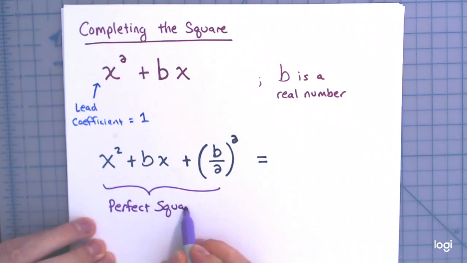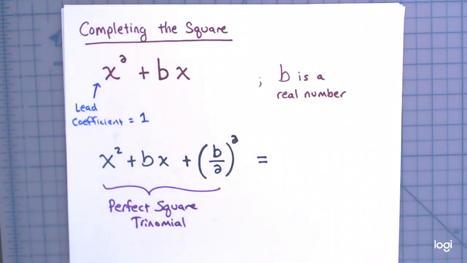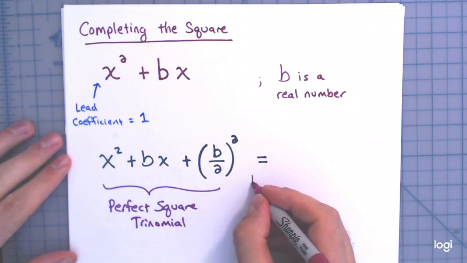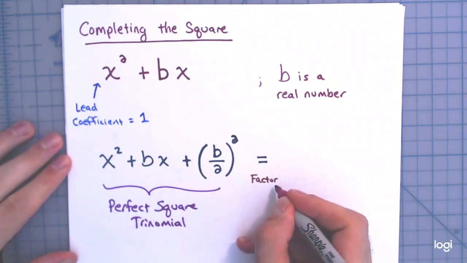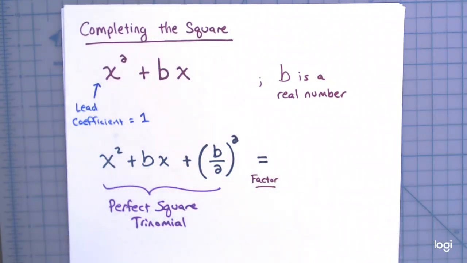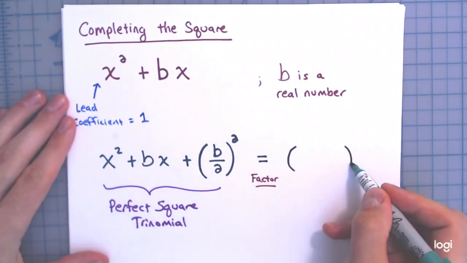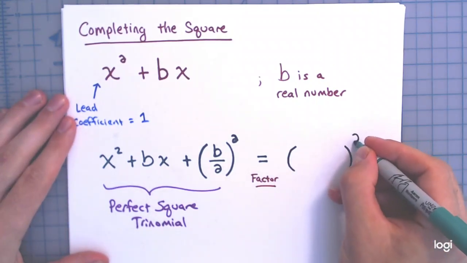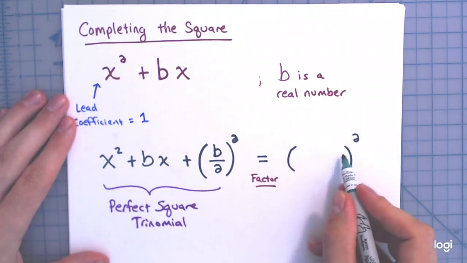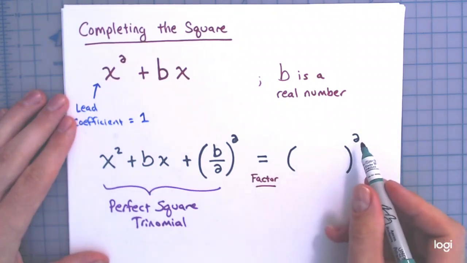An expression with 3 terms that can be written as a perfect square, the same factor twice. So you are going to be factoring afterwards, and the way it would factor is the same expression times itself, or one expression squared.